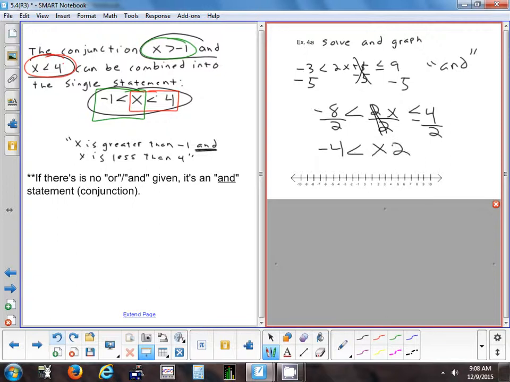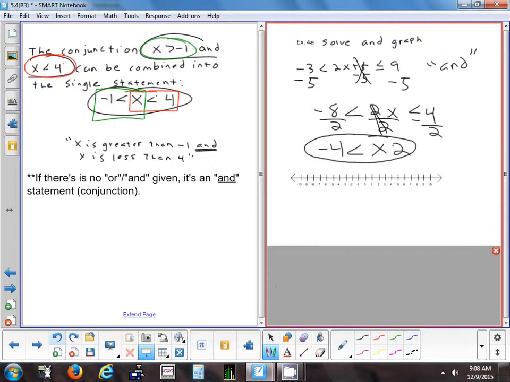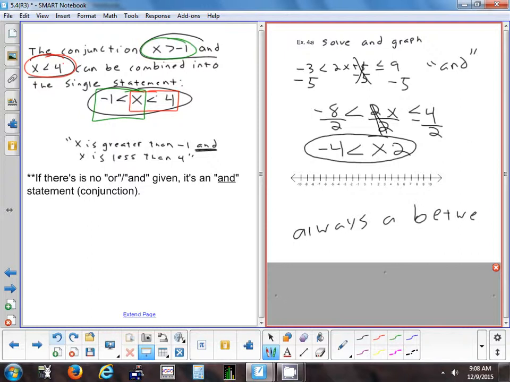2. Okay. Anytime you have this kind of problem, this is always a between. Like Mr. Roy said, you're going to connect the dots. Always. You don't even have to think about the case. If you've got the 2 inequality signs, it's always connecting the 2 dots.